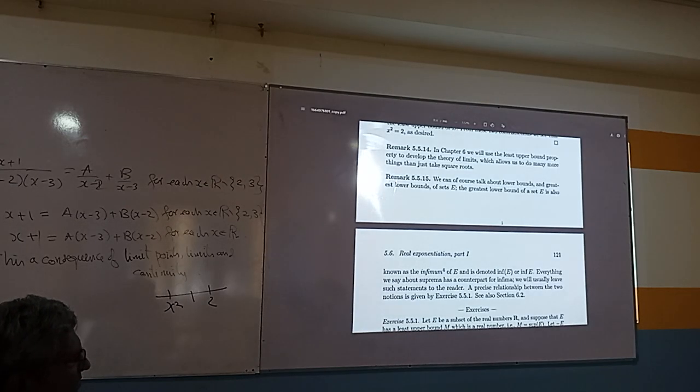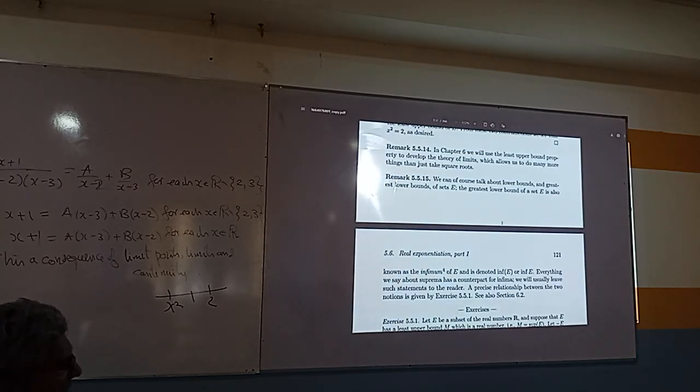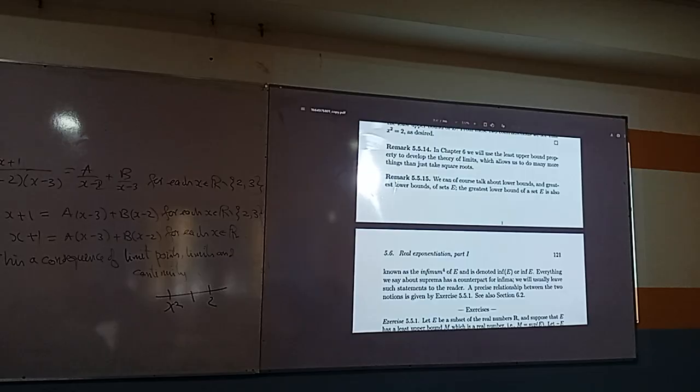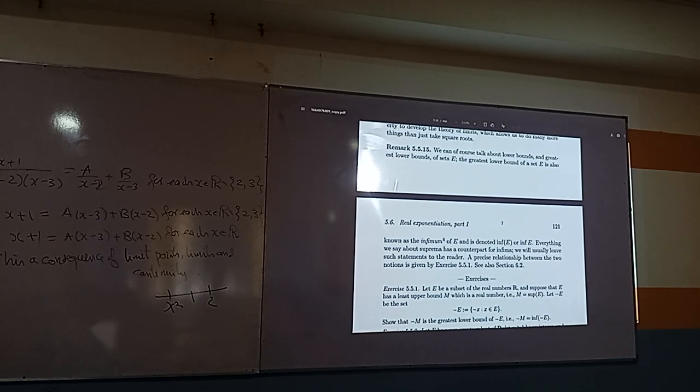Everything we say about suprema has a counterpart for infima. We will usually leave such statements to the reader. The precise relationship between the two notions is given in exercise 5.5.1. Let's read that anyway. What does it say?